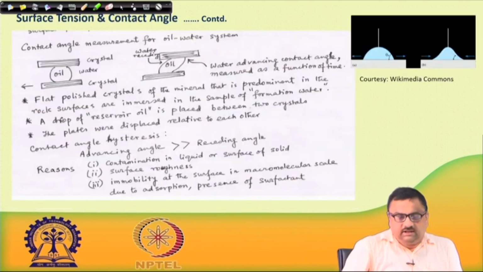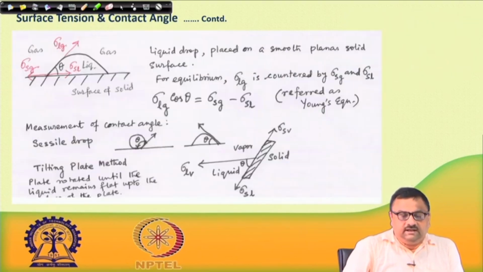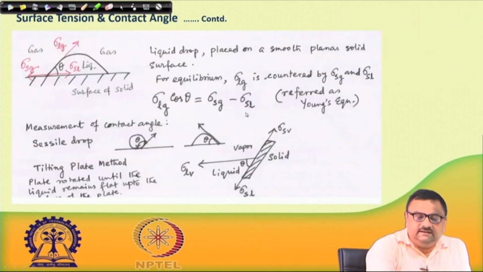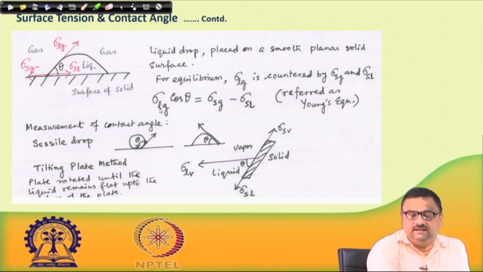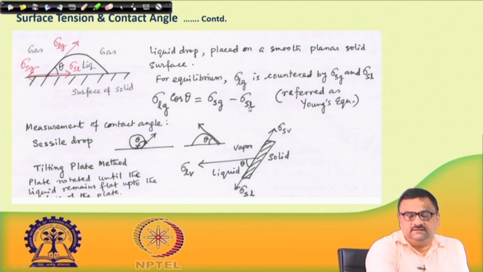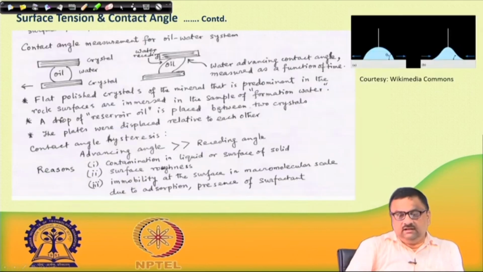Now we had talked about sigma SL, solid-liquid, sigma LG, liquid-gas, and sigma SG, solid-gas, and they have a balance: sigma LG cos theta is equal to sigma SG minus sigma SL.